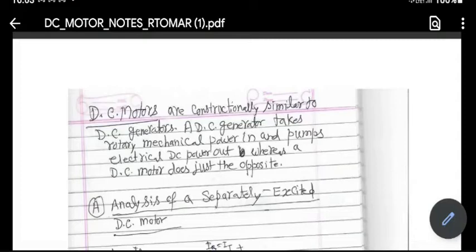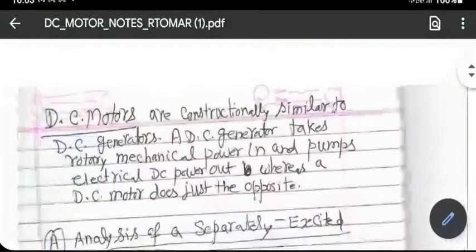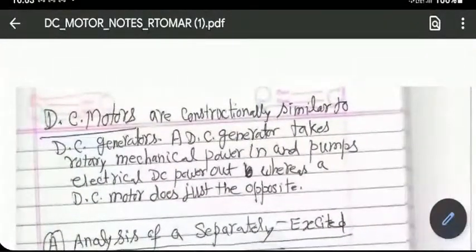Today, we are going to begin talking about DC motors, which are constructionally similar to DC generators, but which have functionality opposite to that of the DC generator.